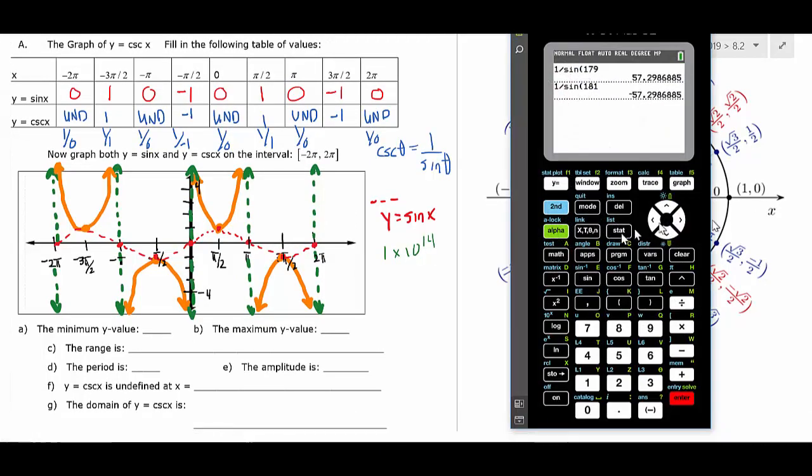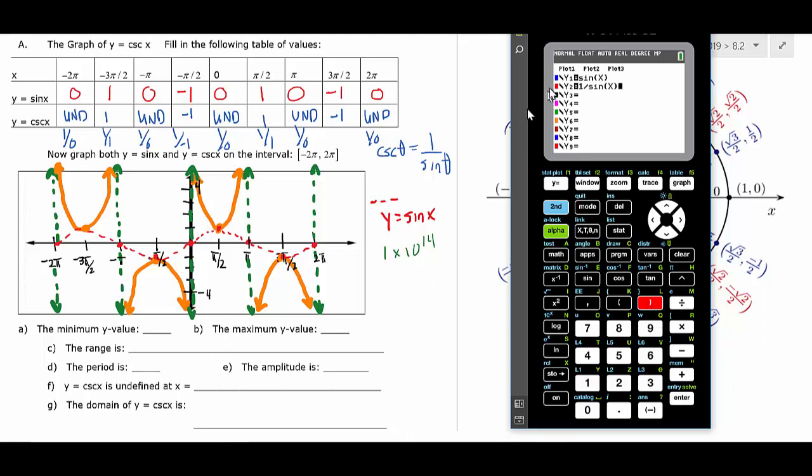While I've got the calculator out, if you want to do this with me, you can. I haven't done a lot of the stuff on the graphing calculator yet, but this is worth doing and worth learning. If I put in y equals sine x into y1, I put cosecant in by doing 1 divided by sine of x.